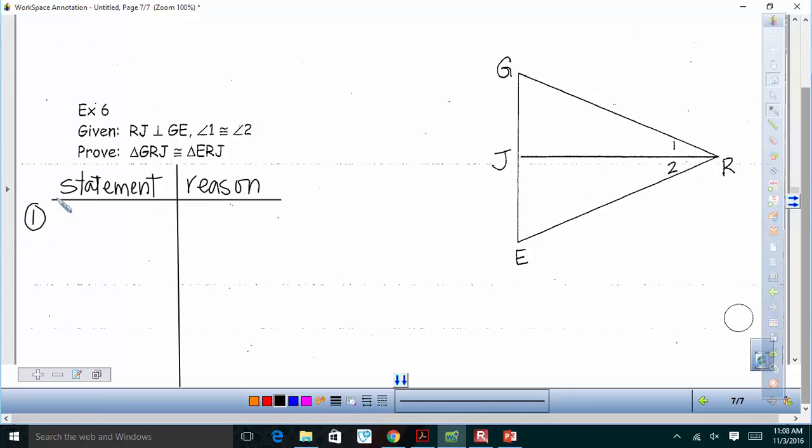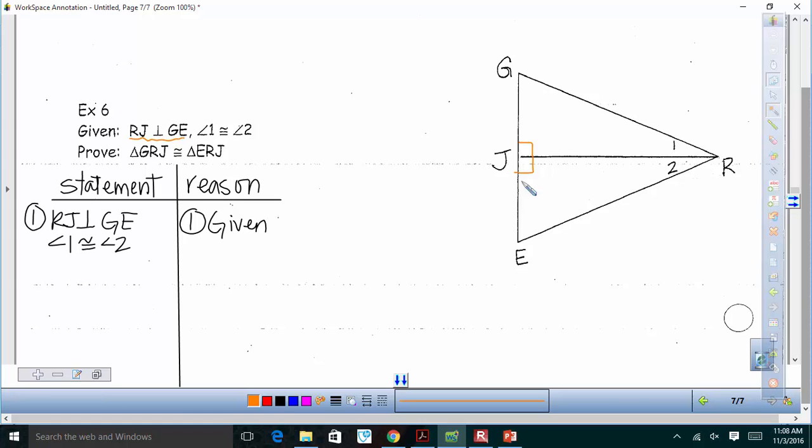So the first one is going to be my given. RJ is perpendicular to GE, and angle 1 is congruent to angle 2. And we know that because it's given. Now let's label. So if RJ is perpendicular to GE, where RJ and GE hit, I'm going to draw 90-degree angles.